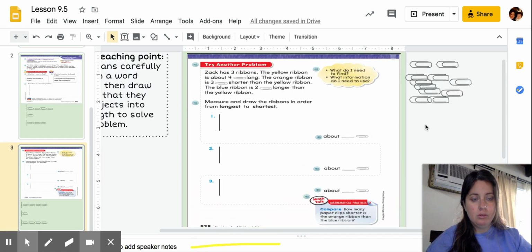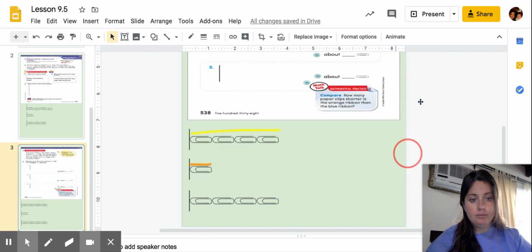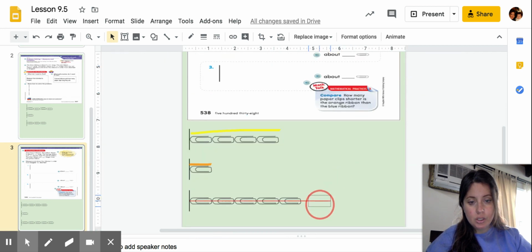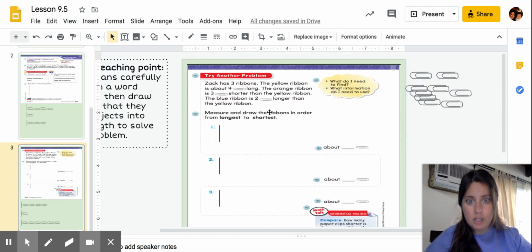So 1, 2. Let me just double check. The blue ribbon is 2 paper clips longer than the yellow ribbon.